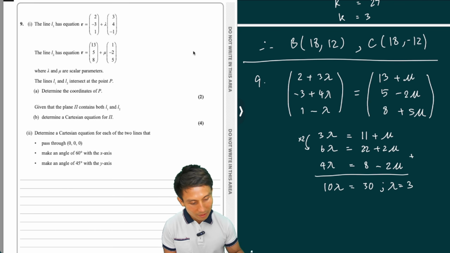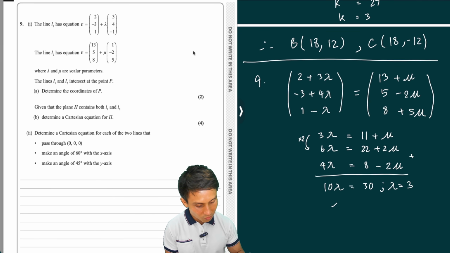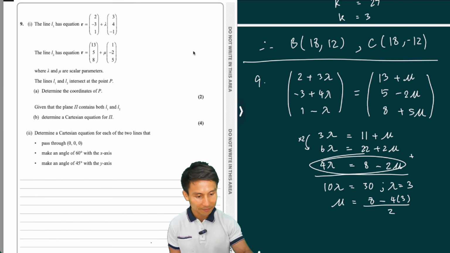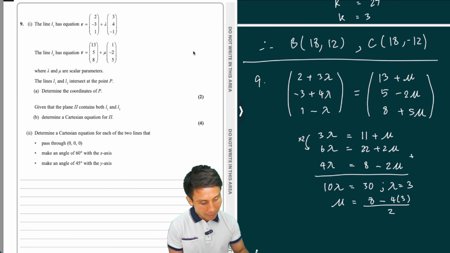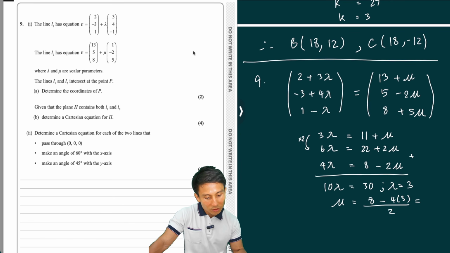All right. And we're going to solve for mu already. So mu, picking the second equation, I get 8 minus 4 lambda divided by 2. Just using this one, you should be fine. And then mu equals, so 8 minus 12 is minus 4, over 2 is minus 2.